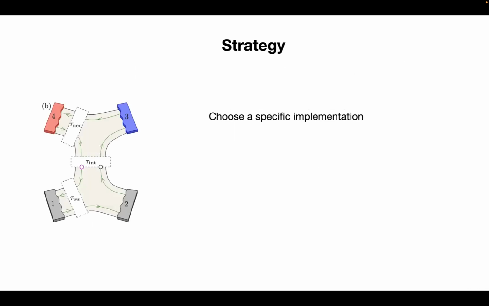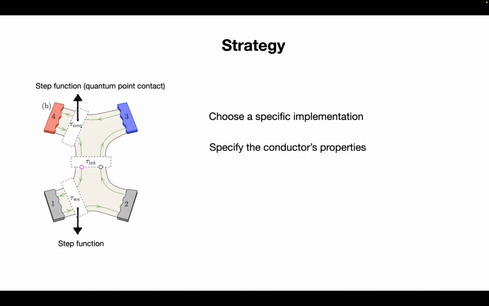So we took an example. We took this system here, which is more under control, because it's easy to start with the system when you just mix 2 thermal states rather than taking whatever arbitrary function to describe your non-equilibrium state. So we choose a specific implementation. We specify the conductor's properties. So this means how the transmission functions in the system look like.